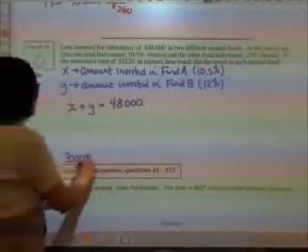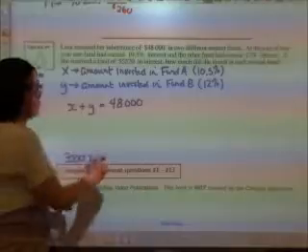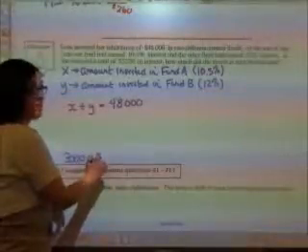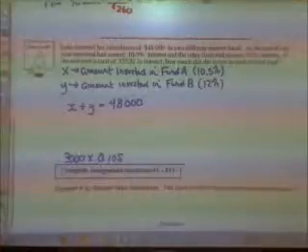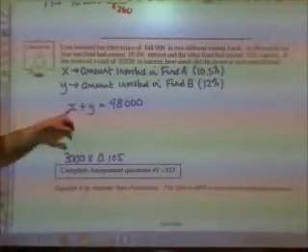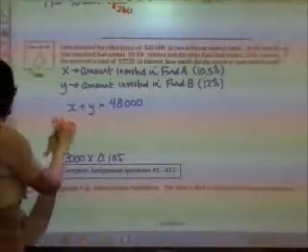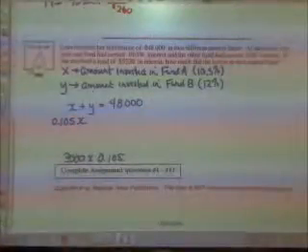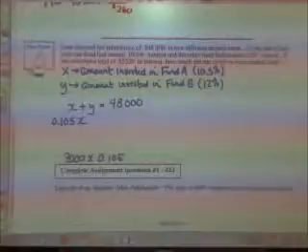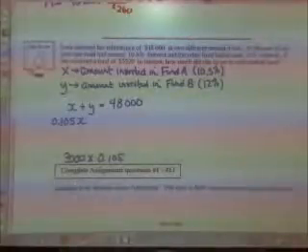Do I multiply it by 10.5? What do I have to change it to? To a decimal. I have to multiply it by 0.105. So if I take the amount invested into Fund X and multiply it by 0.105, that will give me the interest she earned off of the first fund.